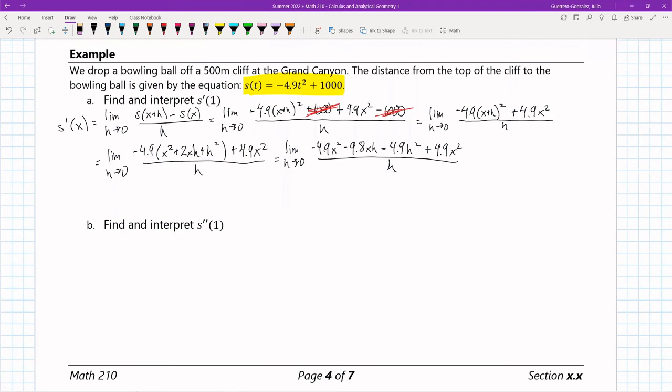So we still have to get rid of that h on the bottom, right? We're getting closer. If you take a look, there's a minus 4.9 x squared up front and a positive one in the back.